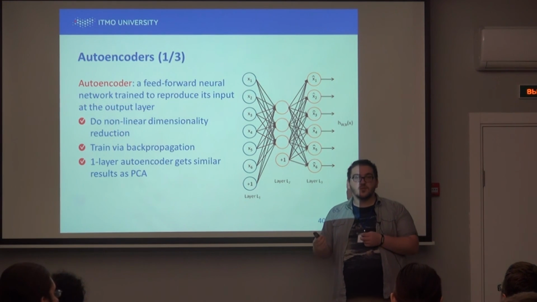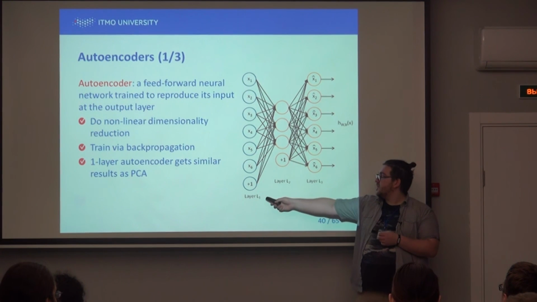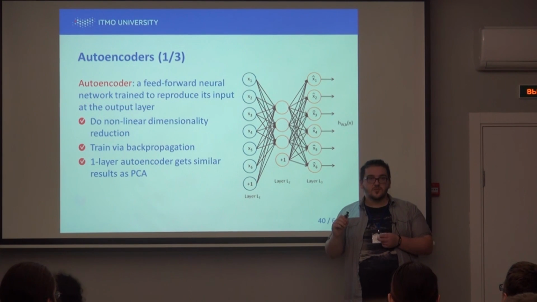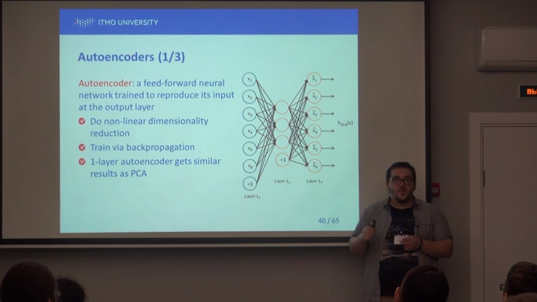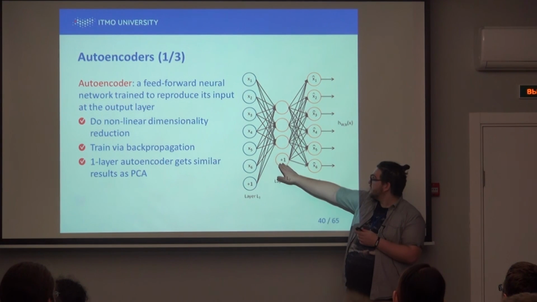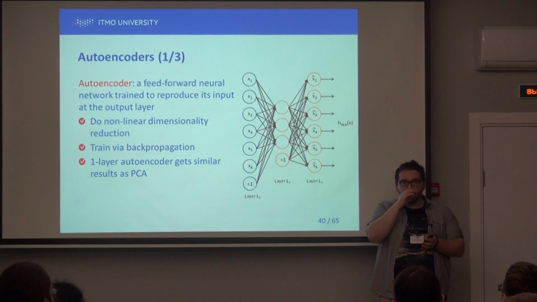And we want to learn these weights so that the input and output would be as similar as possible. However, the inner layer will be represented with a much smaller number of features. So this is a very basic idea, and it's really simple.